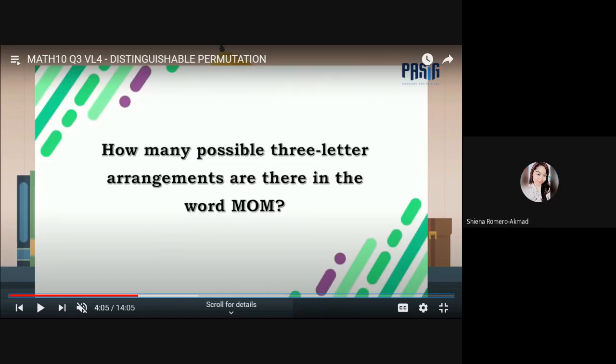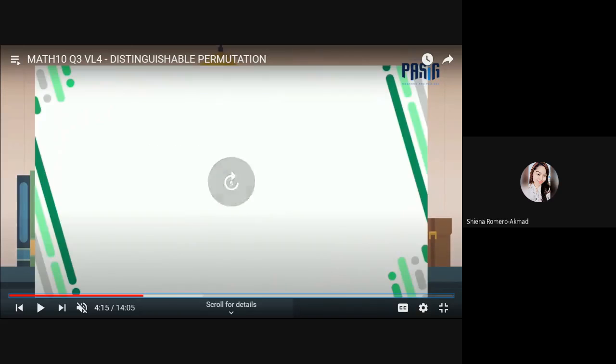Okay. So, yung ginawa niya, in-arrange niya yung letters. Iba-iba niya yung position. Then, she found out that there are three-letter arrangements. So, wait lang ah. Ano nangyayari?